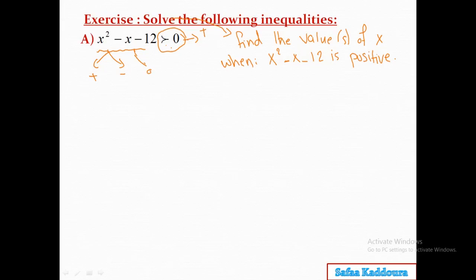But I should draw the table of signs, then I will choose the required sign which is positive. The first step is to put x squared minus x minus 12 equals 0. The second step, we will use the calculator and enter 1, minus 1, minus 12, that is a, b, c, and the calculator will give me x prime 4, x double prime minus 3.